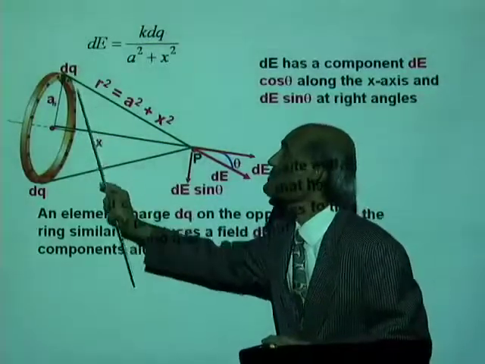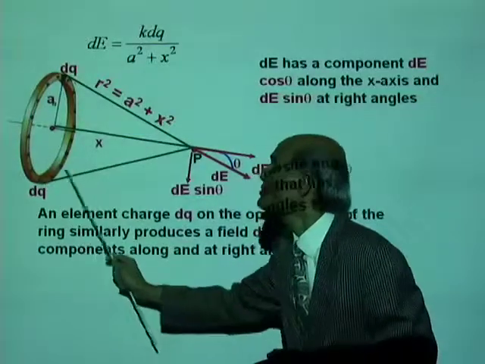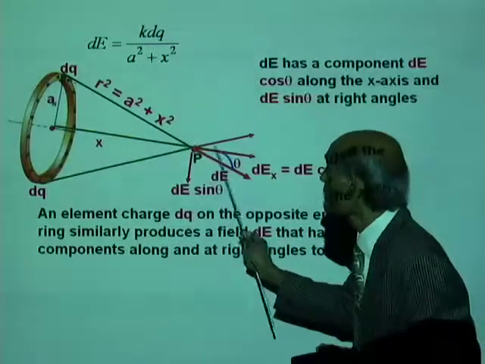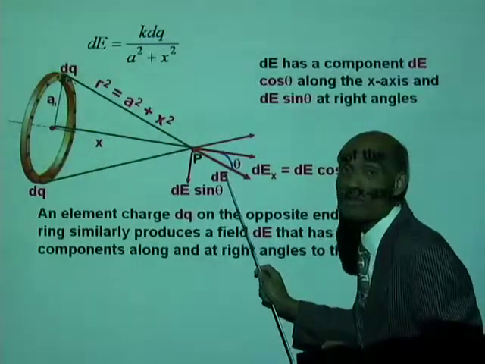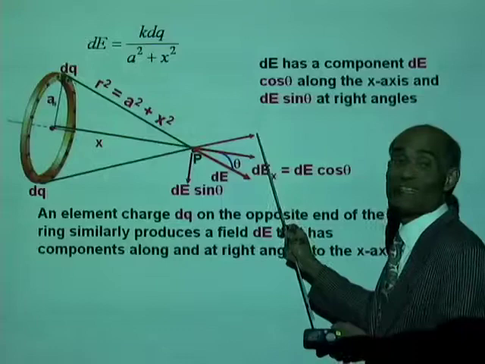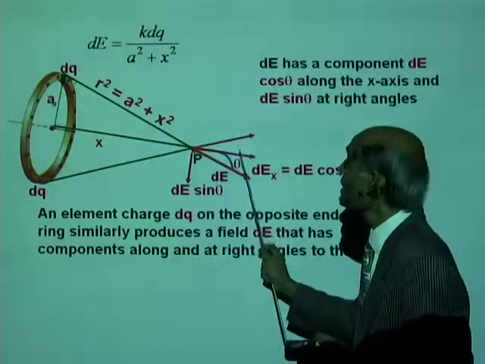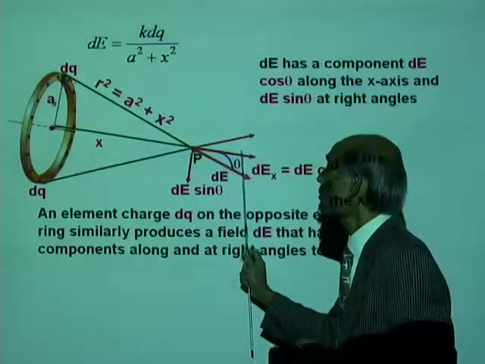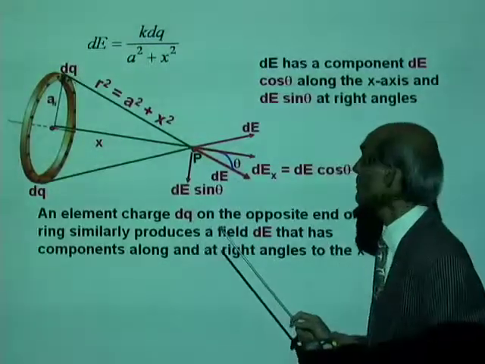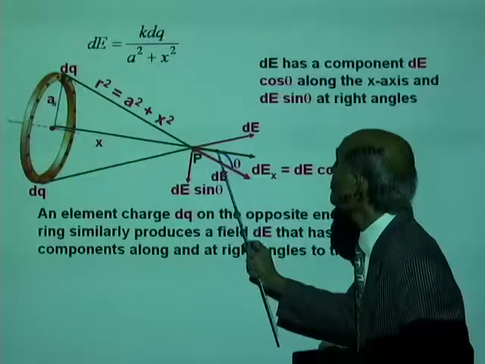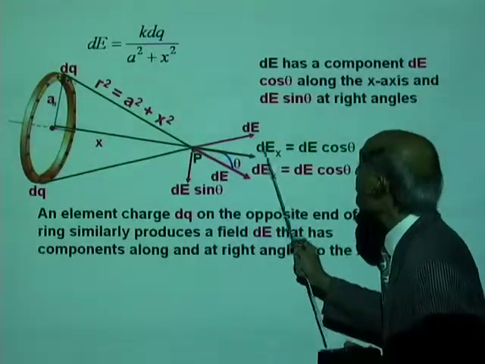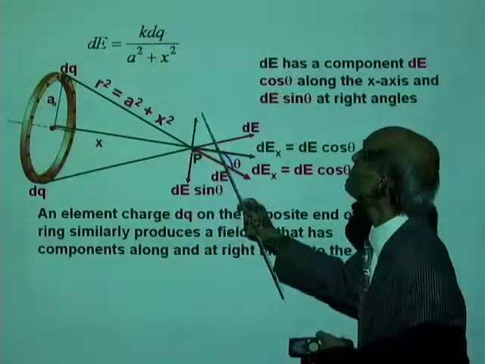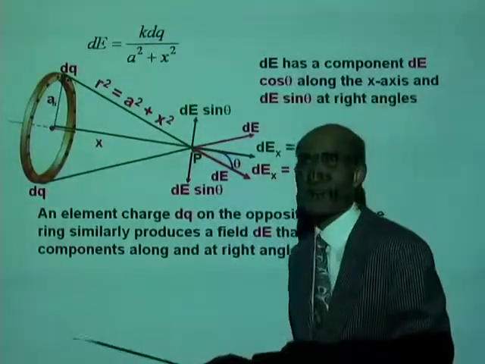If you take a similar element of charge dq, it will produce an electric field of the same amount but directed that way at an angle theta with the positive x-axis. If this is a negative angle, that will be a positive angle. And this dE will have an x component dE cos theta and a y component dE sine theta.